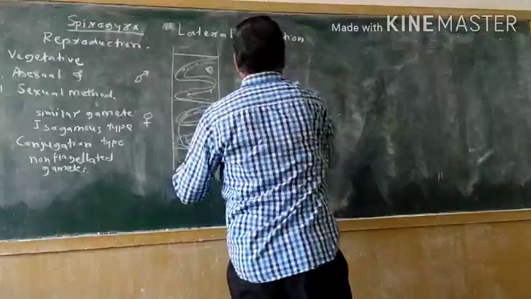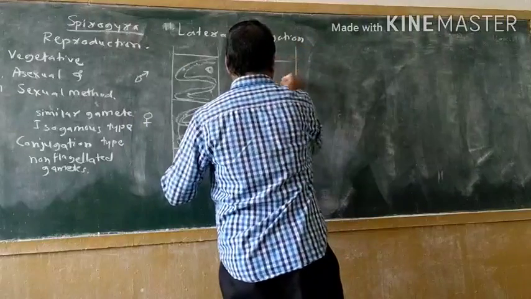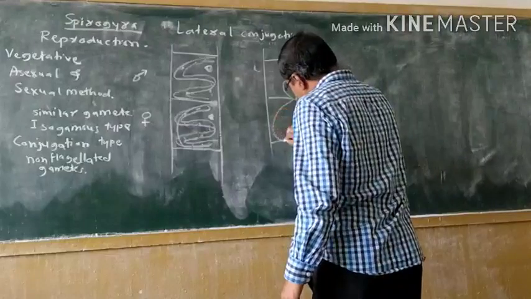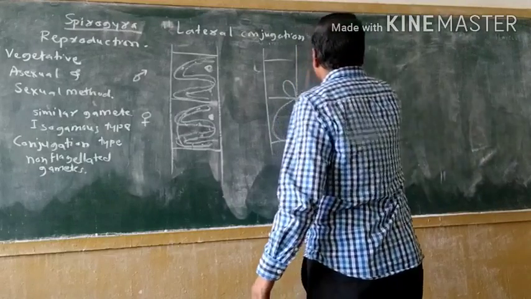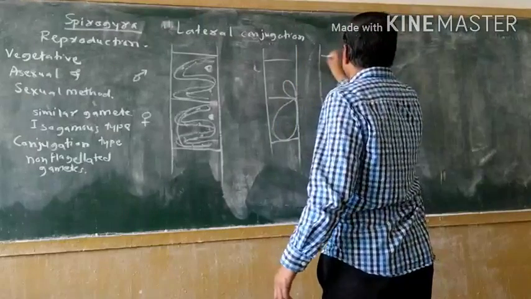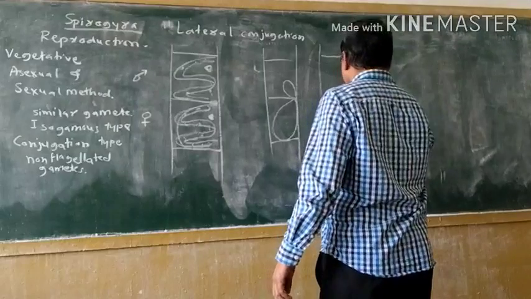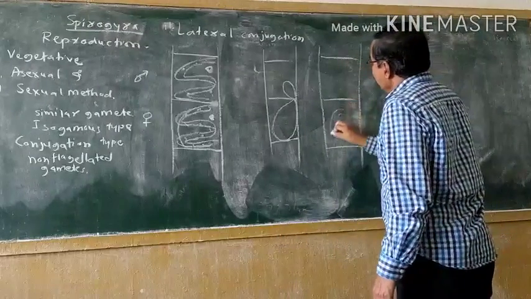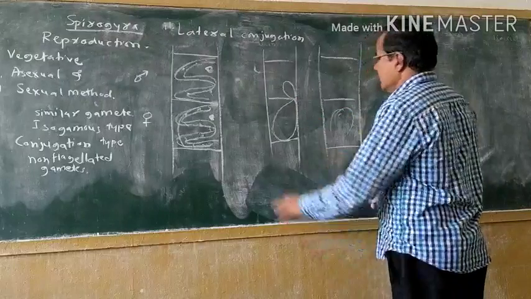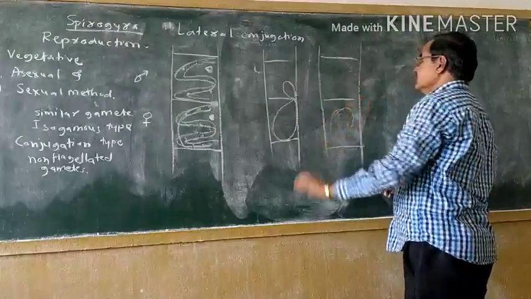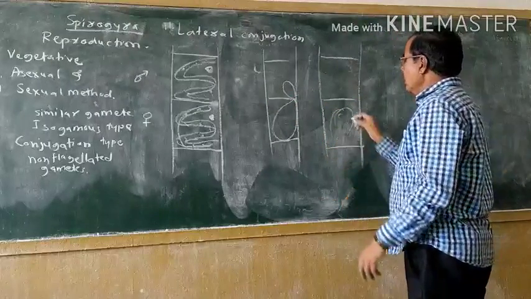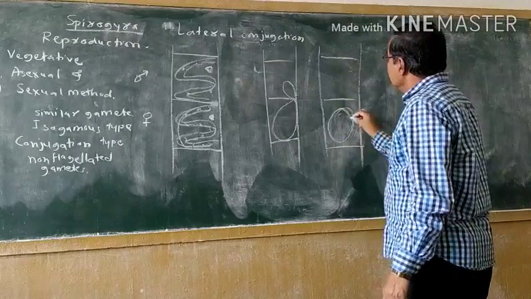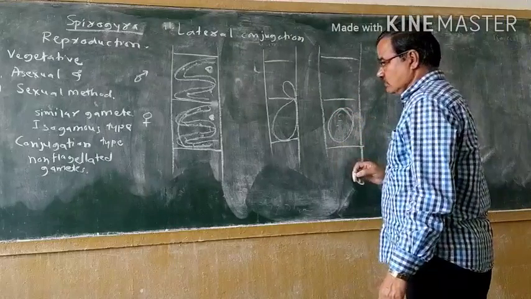Here in the second diagram, the whole content from the male comes into the female filament. Next diagram, the female cell, with the whole content which comes inside, secretes a wall around itself, becomes rounded, and forms the zygospore.